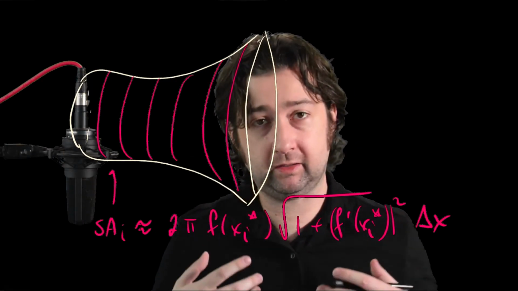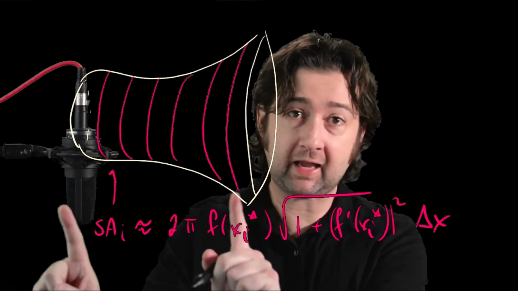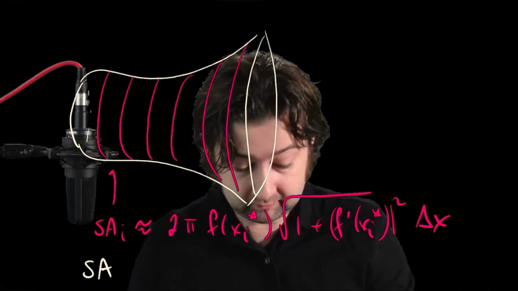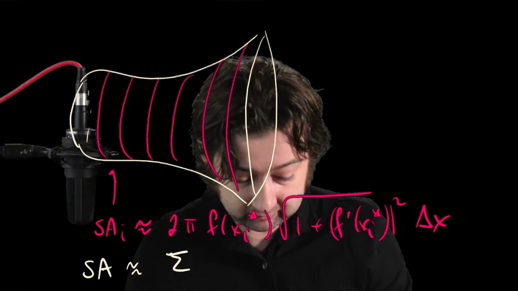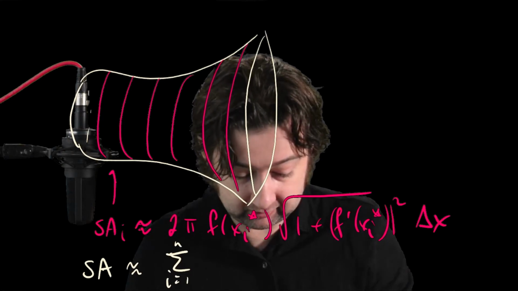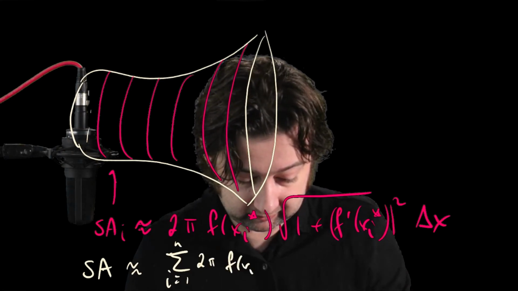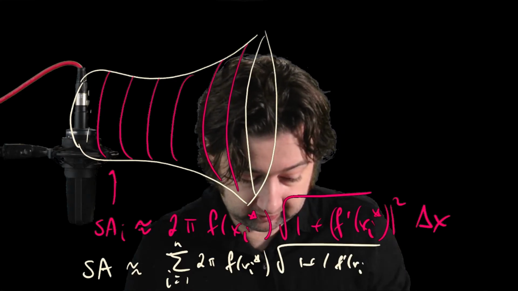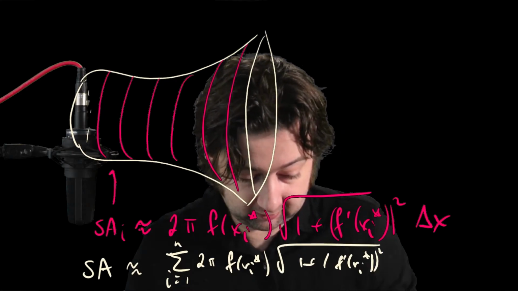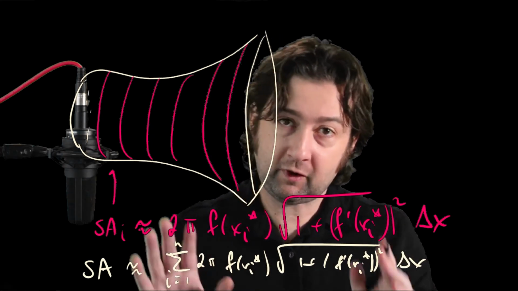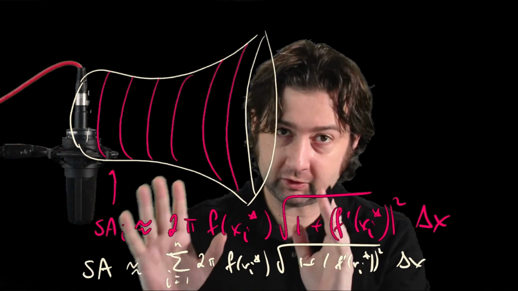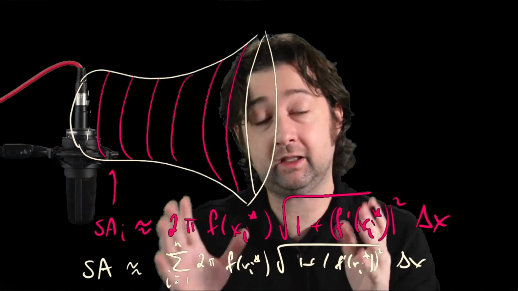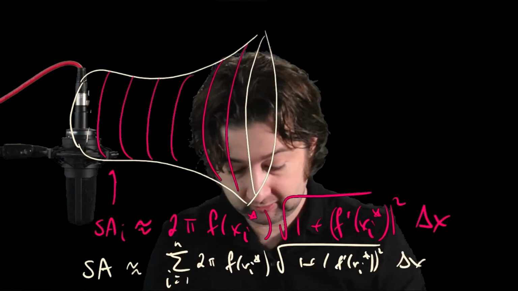So if I want an expression for the area of the entire thing, I have to add all of these up. So the surface area for the whole object here is about equal to the sum from i equals 1 to n of 2 pi f of xi star square root of 1 plus f prime of xi star squared delta x. And if I want this to accurately approximate the surface area instead of using banded approximations, I need to let the number of bands go to infinity.